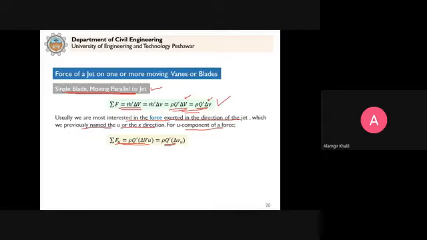So this is now the equation that we will use to calculate the force on a single moving vane. Clear? What is the difference with a stationary vane? The discharge is reduced if it is moving away from the jet of water, and we consider the relative velocities. This is the difference between the force acting on a moving vane as compared to the stationary vane.